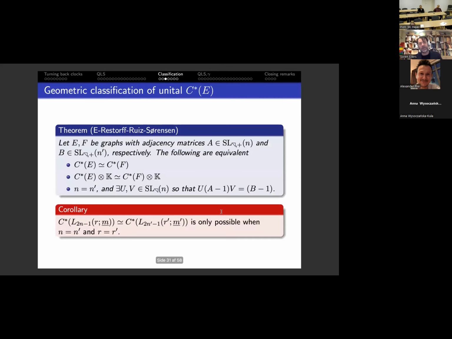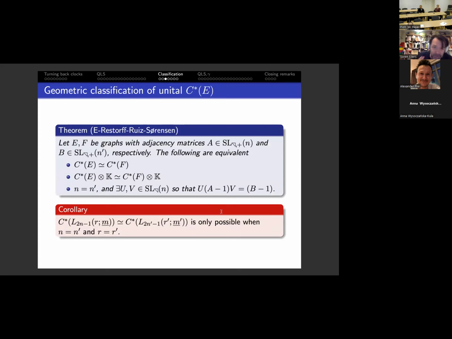And so it turns out that you can classify these without really thinking about K-theory. So things are a little bit easier here. It's a special case of the classification. We classified all unital graph algebras by K-theory and by moves and so on, but I don't want to dwell too much on this.